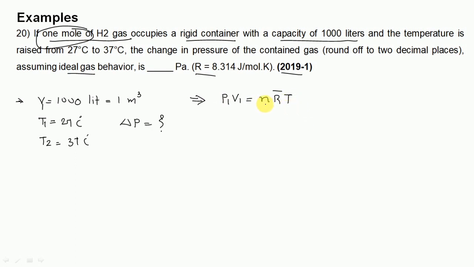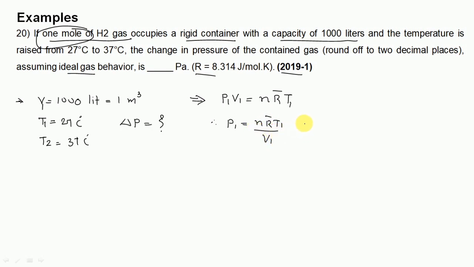Here m is not mass but the number of moles, so m is replaced with n in such cases. nRT1. Put in the values to find P1: P1 equals n R-bar T1 upon V1.